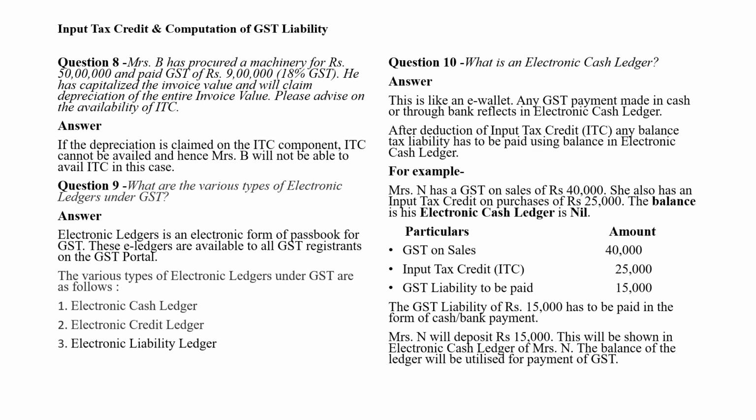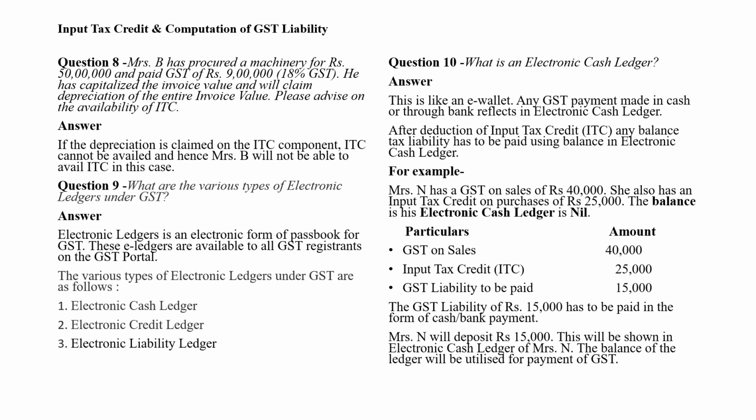Please advise on the availability of ITC. So here the answer is, if the depreciation is claimed on the ITC component, ITC cannot be availed, and hence Mrs. B will not be eligible to avail ITC in this case.